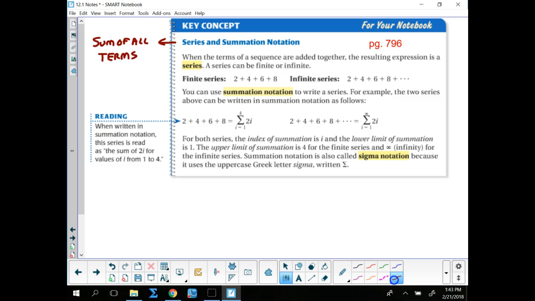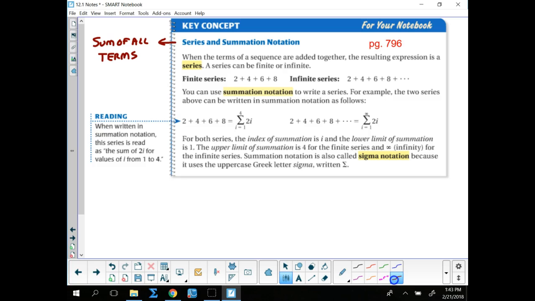So a sequence we write with commas. A series we write with addition signs in between them, and then we actually do that math. We find what that sum is.